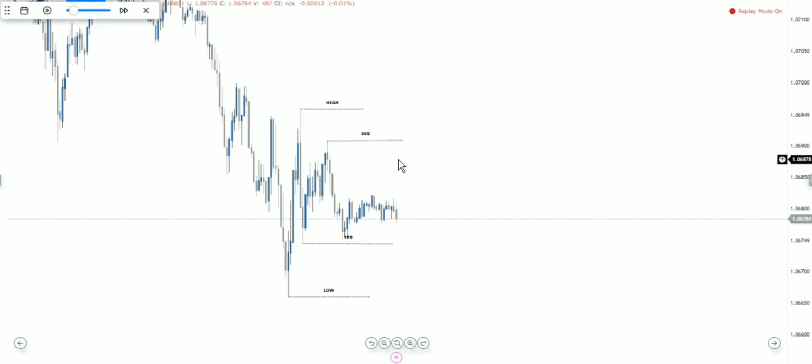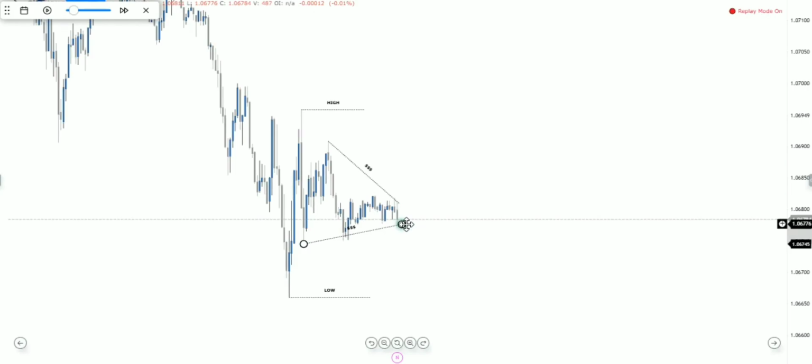So what I'm doing here might be a bit hard for someone to understand. However, if I was to mark it out like this, and I was to mark this out like this, you would understand, because that is a pattern. It might be a familiar pattern to you. However, I just tend to mark out the highs and the lows.